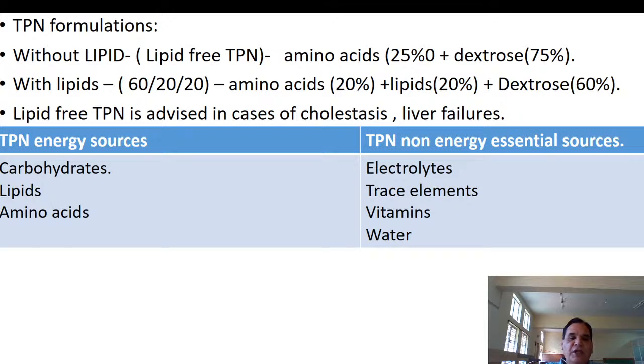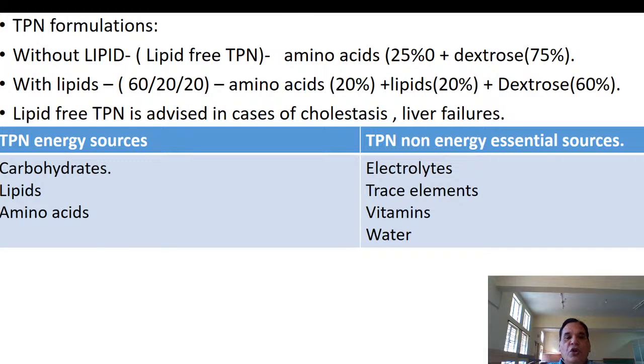The formulation is 20, 25, 25 or 60, 20, 20. Without lipid, it is called lipid free. Amino acids 25%, dextrose 75%. With lipids, amino acids 20%, lipid 20%, dextrose 60%. Lipid free TPN is mainly used for cholestatic or liver failures.